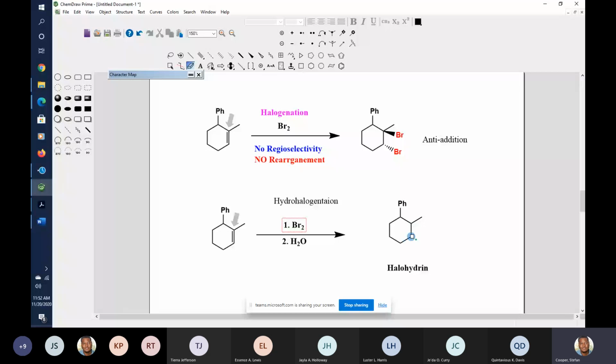But then water breaks it up. So I'm going to end up generating Br here and my new OH there. My OH is always going to go to the more substituted side. So this is still classified as a Markovnikov addition.